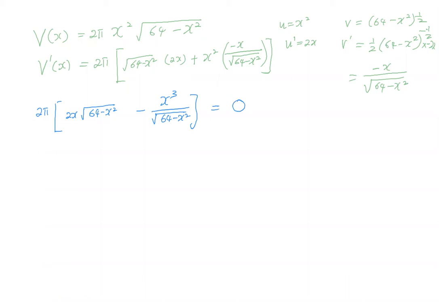If you find that the equation is very difficult to solve, still remember what I told you, put into solver or use your GC to get the answer. Okay, do you want me to show you algebraically how to solve this? Yes, please.